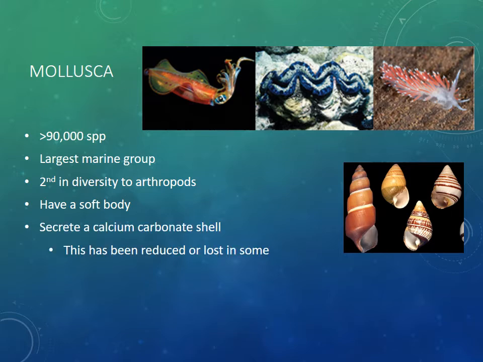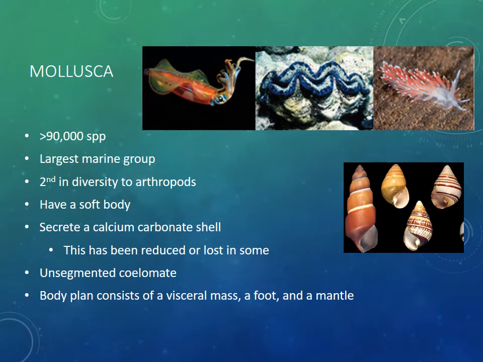This is going to vary a good bit depending on what species you're looking at. Some have a much harder shell, others it's absent entirely. They do have a coelom, but they're not a segmented type of organism, so they don't have that going for them.